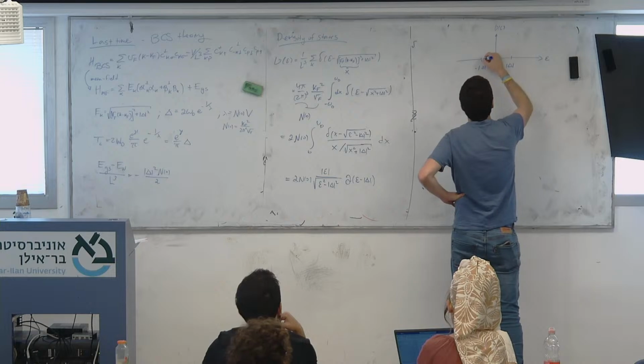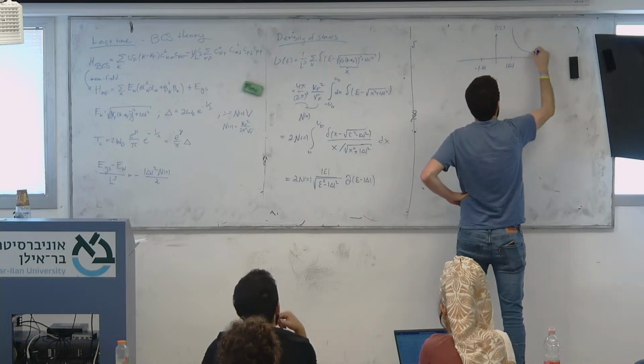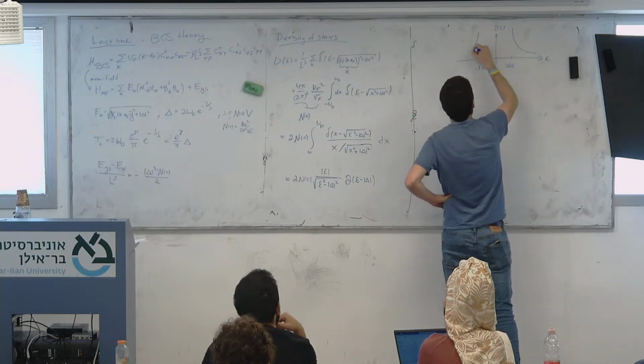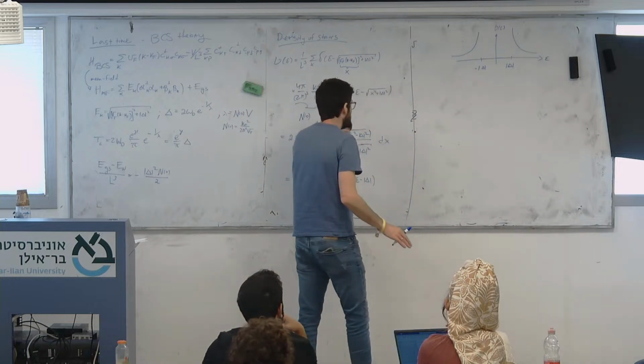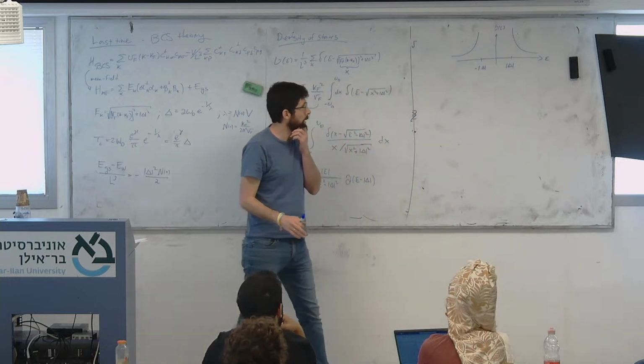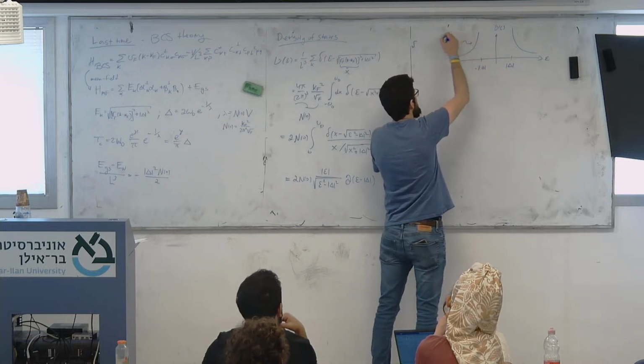Everything in between is basically 0, and then it jumps like this. We can also compute this, but I'm not going to do it now. And here we have a square root divergence.